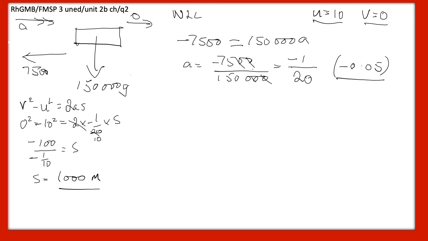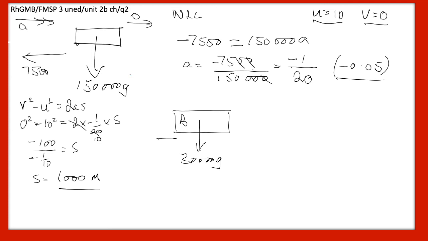And I need to now also find the tension in the coupling. So I've got to do as much work in this final part. And so again, I'm looking at my truck B. It's got a mass of 30,000. Therefore, its weight is 30,000 g.